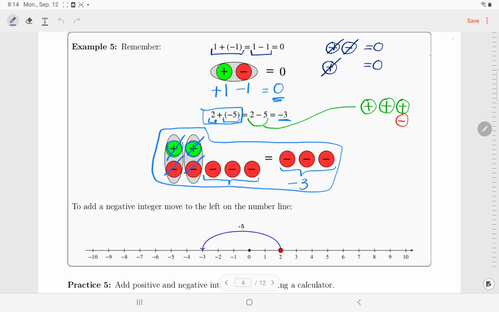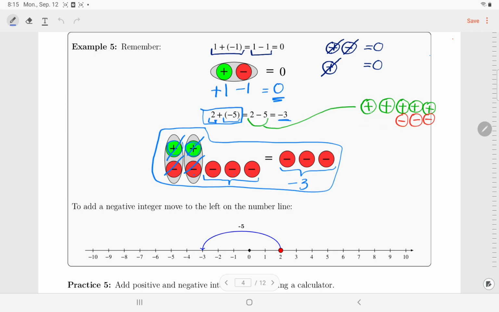We still cannot remove 5 because we only have 3 pluses. So let's add another 0. Now we have 4 pluses, 2 minuses. Let's add one more 0, 1 plus, 1 minus. Since we kept adding zeros, our value is still 2.